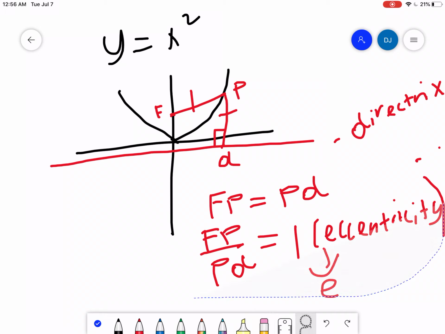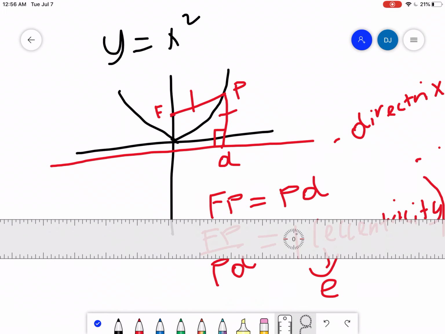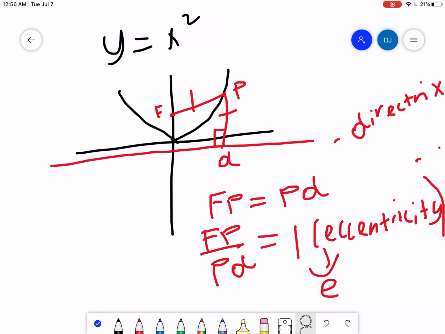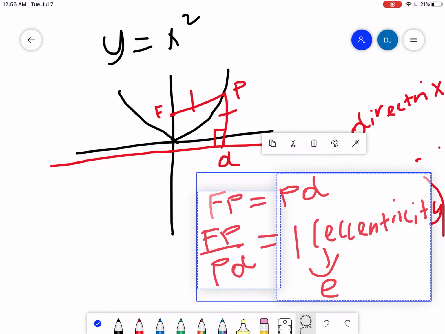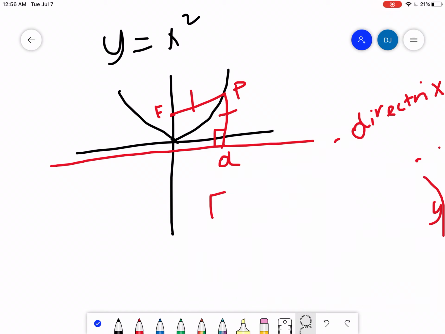So let's get rid of this. Okay. Oh, that's weird. My bad. Okay. So, to derive this, you know that the line is the directrix, so I just erased it.